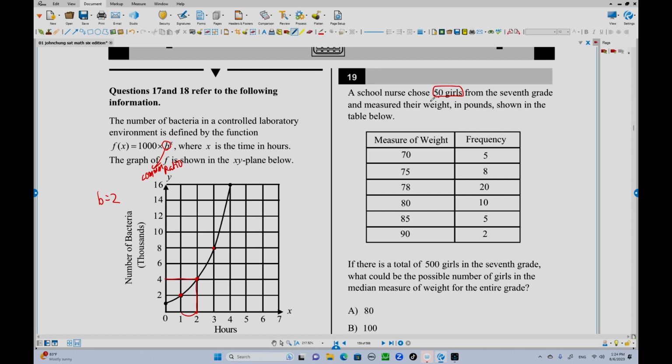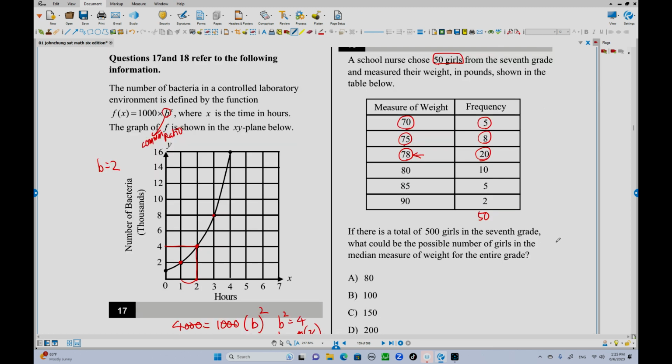They measured their weight, with the data in the table below. 5 girls weigh 70 pounds, 8 girls 75 pounds, 20 girls 78 pounds. Those are exact numbers. There are 500 girls, and we chose a sample of 50 girls. Using this sample, we find the best answer for the 500 girls. The 500 girls are the population.